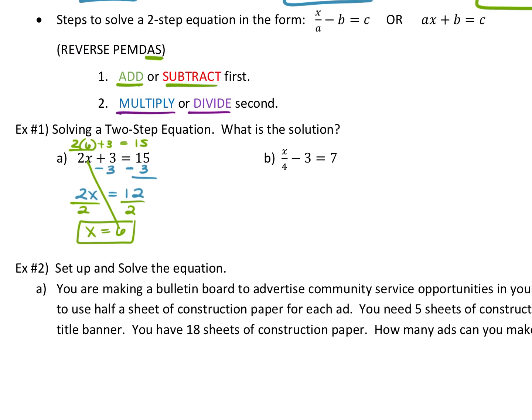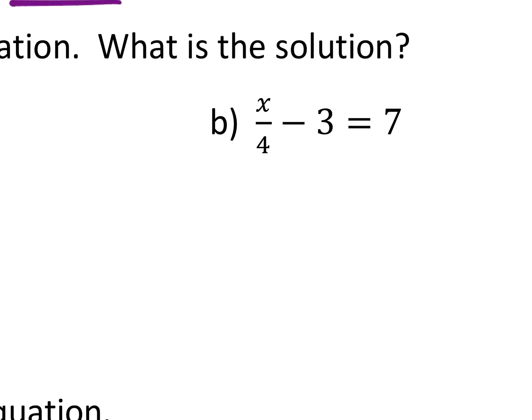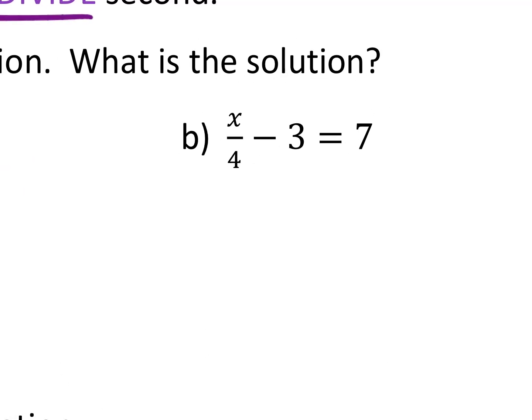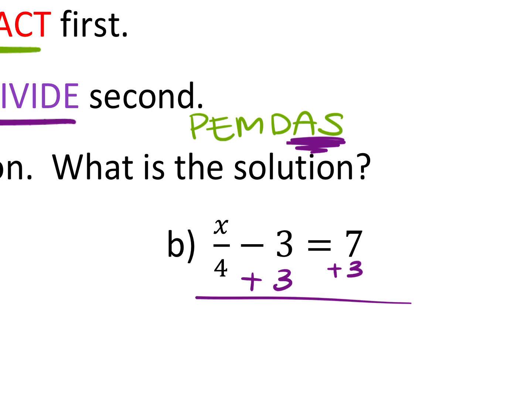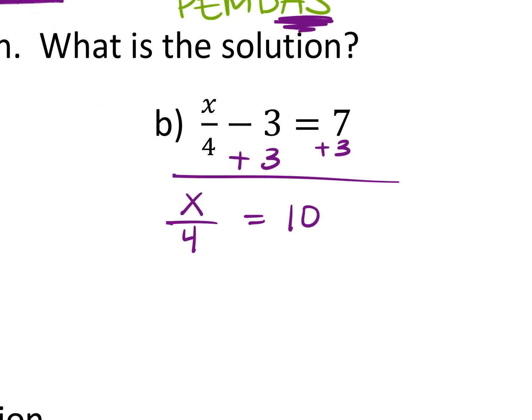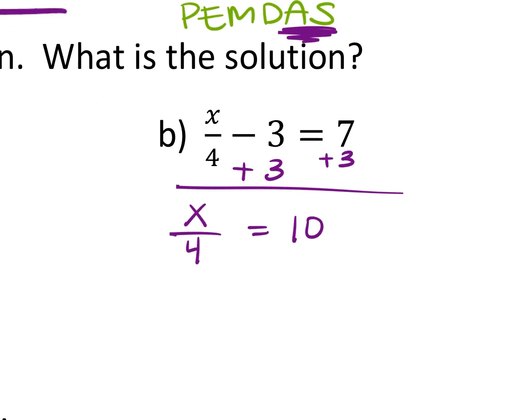So look at letter B. X over 4 minus 3 equals 7. If we are reversing PEMDAS, what comes first? Add 3, right? Add and subtract first. So we're going to add the 3. And we get x over 4, rewrite the problem, equals 10. Okay, now we do the multiply and divide.